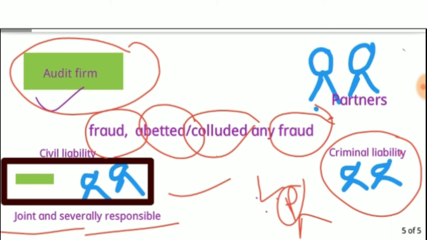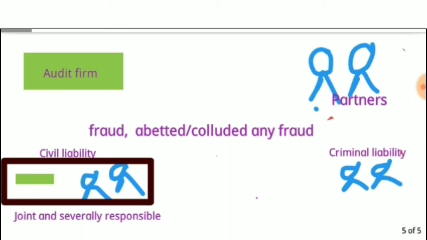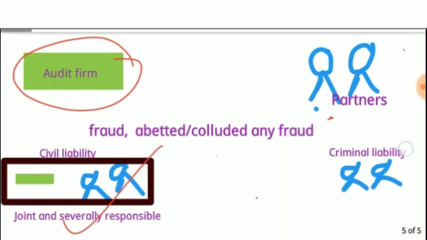So this is what Section 147 subsection 5 mainly states: where a partnership firm, that is an audit firm, has been appointed as an auditor of the company and the partners themselves have been involved in fraud, or they have knowledge of the fraud, or they have done the act in a fraudulent manner, or colluded, or abetted, etc. In that case, the partners as well as the firm have joint and several responsibility regarding civil liability, and the concerned partners who acted in a fraudulent manner shall be liable for criminal liability, that is, for imprisonment.